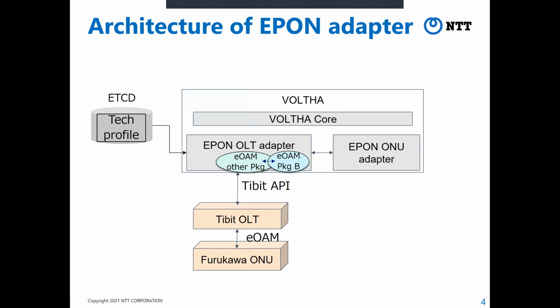Next, I'll briefly explain the developed EPON adapter and workflow driver. Our developed EPON adapter is composed of an OLT adapter and an ONU adapter, as with OpenOLT and the ONU adapter. Tech profiles for EPON are stored in etcd, and they are loaded into the adapter.